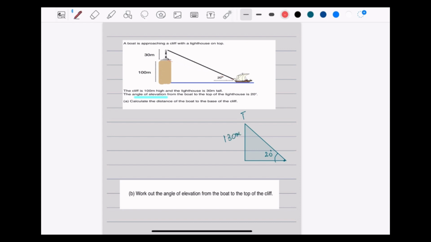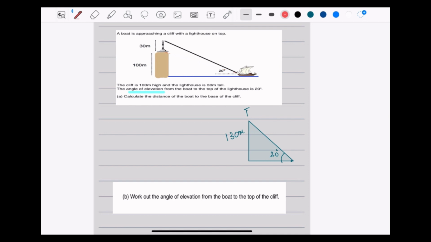So it is a case of a right angle triangle. We know that this is going to be the opposite and we need to find the adjacent. So we apply tan 20 equals opposite over adjacent, and in this scenario opposite is going to be 130.